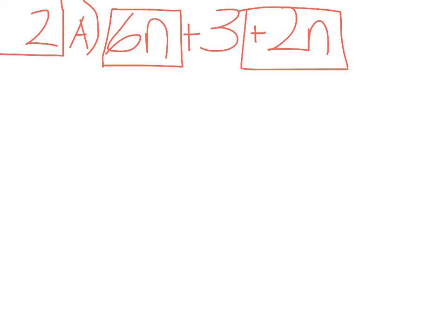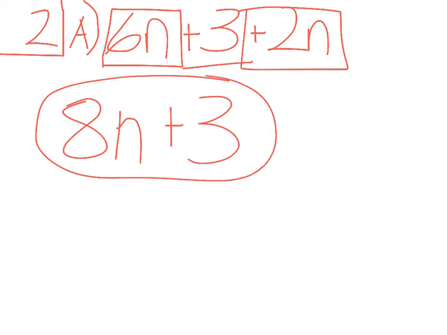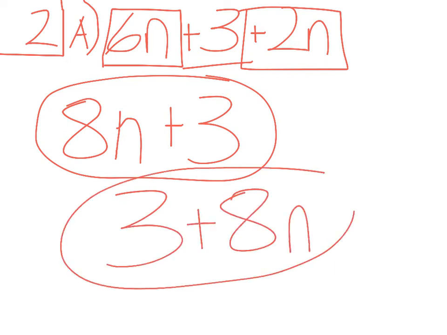So we have 6 ninjas plus 2 ninjas. That is 8 ninjas. And then we've got a plus 3 as a constant that's just sitting there. So that goes down by itself. You don't put those together. Those are not like terms. So 8n plus 3, or you could have 3 plus 8n, and then there's 2 more ways you could write these with double signs that we've talked about in class.